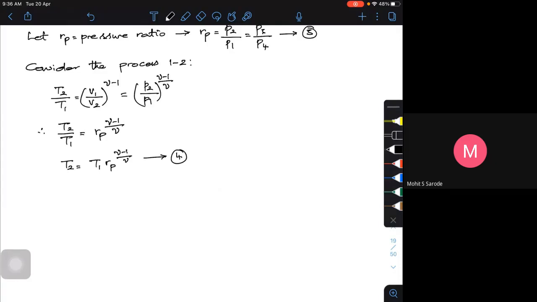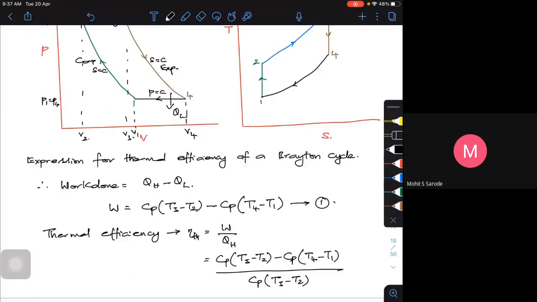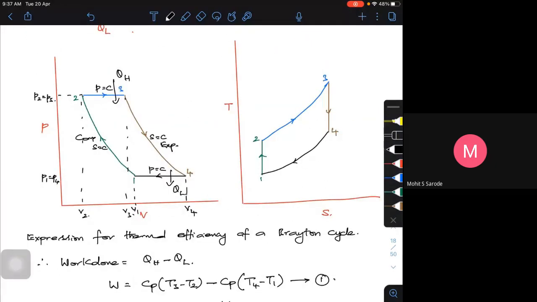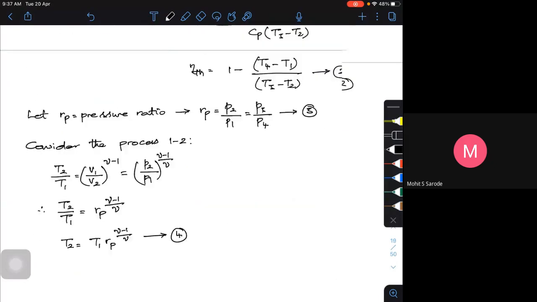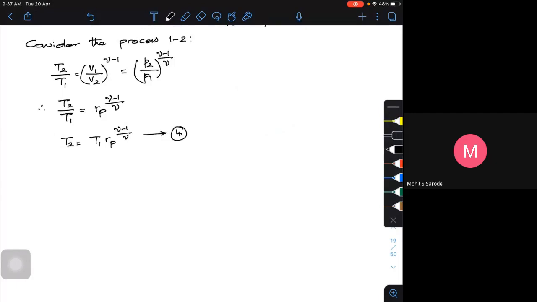Now similarly, I can obtain a similar expression by considering the process 3 to 4, which is once again isentropic expansion. Consider the process 3 to 4.